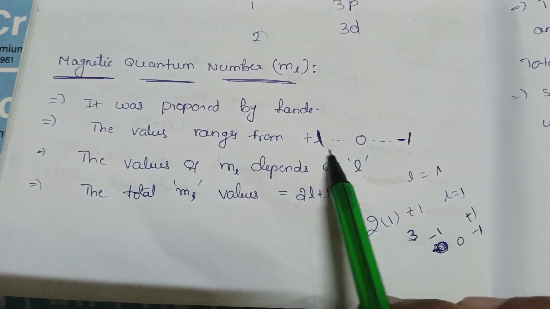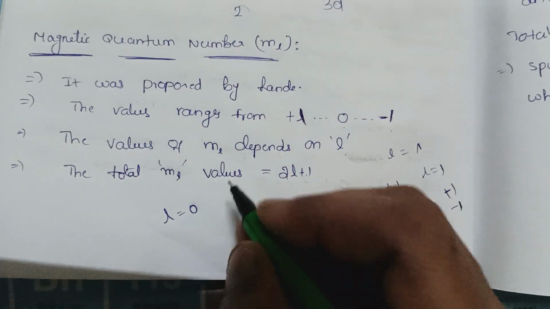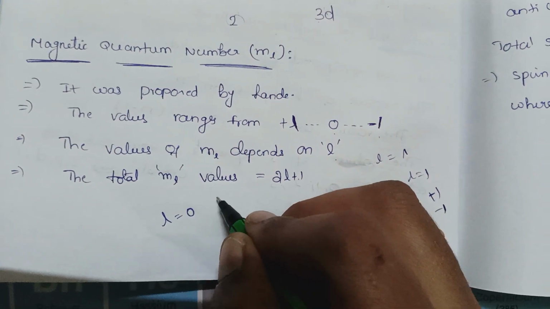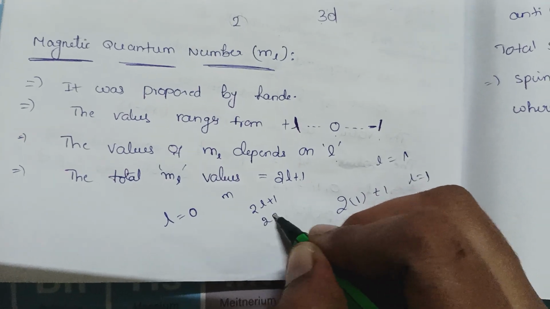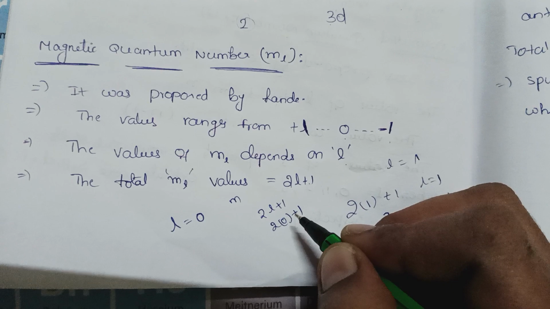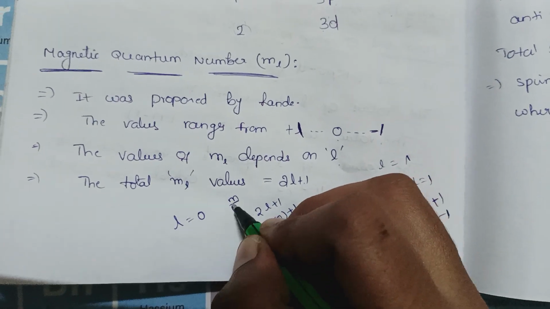The magnetic quantum number depends on the L value, right? If L equals 0, the m value count is 2L plus 1, 2 into 0 plus 1, which equals 1, meaning 1 m value.